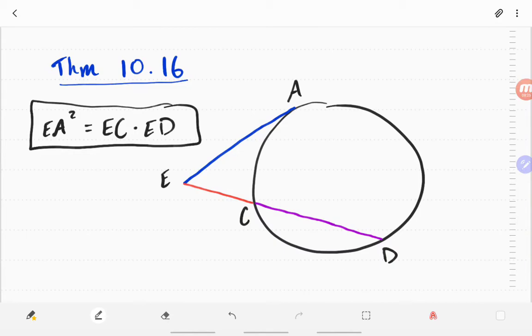We can take that tangent segment and square it, and it will always be equal to the product of external times total.